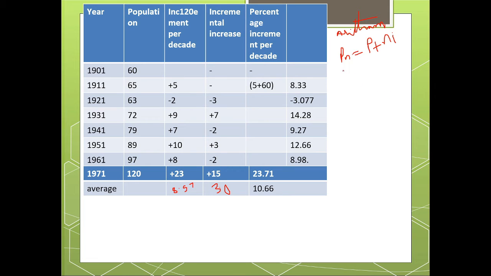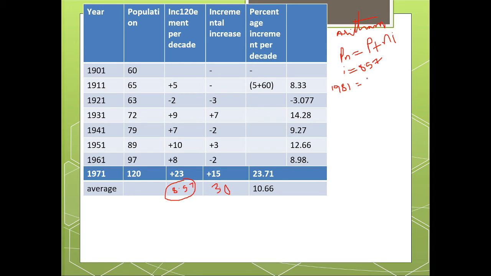Then solve this one. If you want to find out the forecasting population, the i value is 8.57, that is increment per decade. You know the population in 1981 question, what did he ask? In 1981, population is how much?